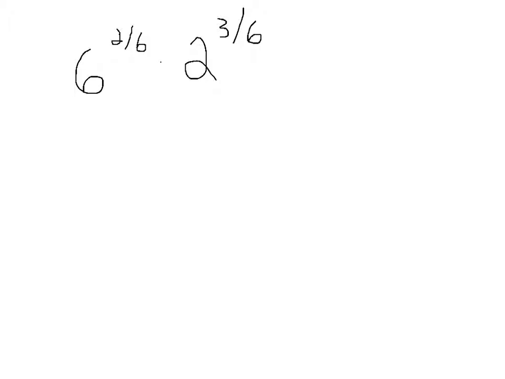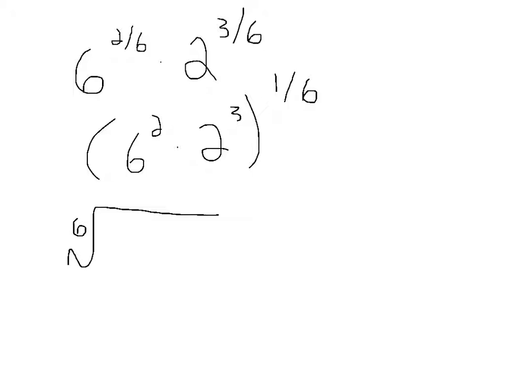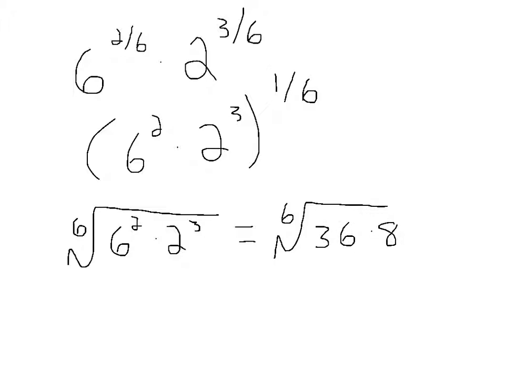We can apply one of the laws of exponents to rewrite this as 6 squared times 2 cubed, quantity raised to the 1/6 power, which we can rewrite as the 6th root of 6 squared times 2 cubed, which then, simplifying the radicand, is the 6th root of 36 times 8, which is the 6th root of 288. And that's the final answer.